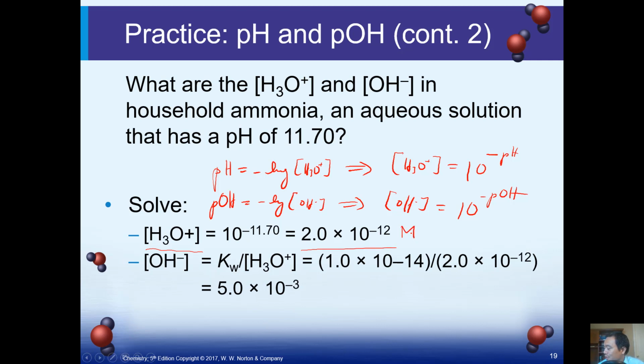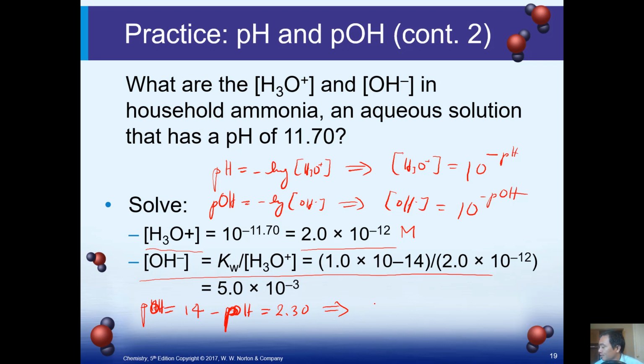Similarly, you can do this in a different way. For example, you know pH plus pOH is 14, so pOH is 14 minus pH. That's another way to do it. So this will give you 2.30.